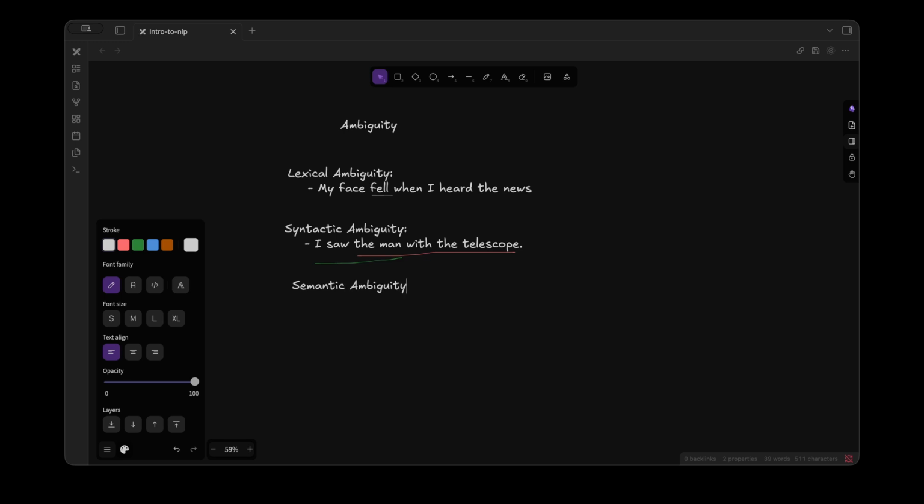In this ambiguity we are talking about something whose meaning itself is different. A sentence which is grammatically correct, and the entire sentence's meaning can be represented in different ways. So let's say, the chicken is ready to eat.